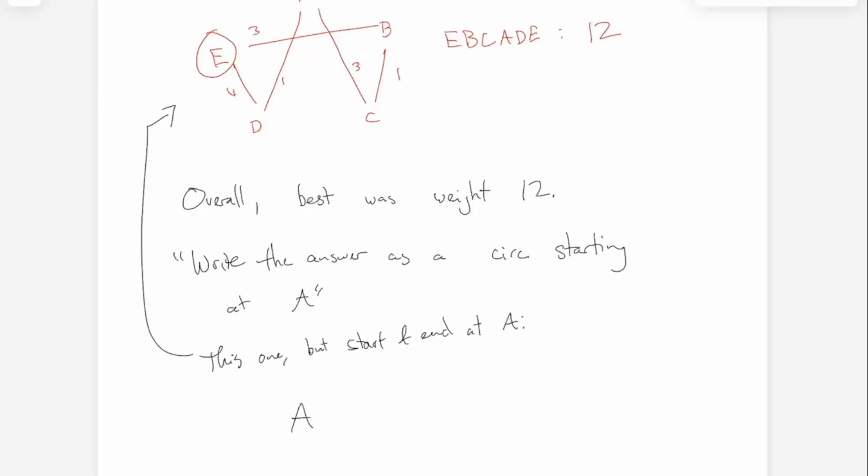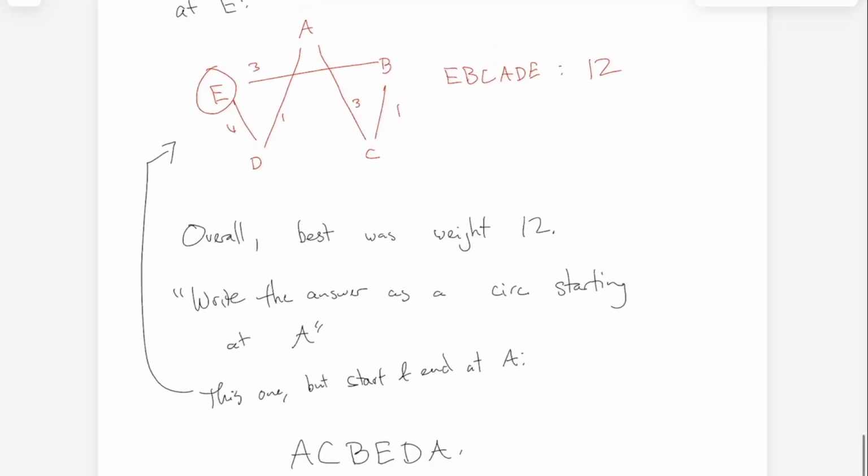They both have 12, so I will go down to C first. A, C, B, E, D, A. All right? If I say write the answer as a circuit starting at A, it doesn't mean use the one that you got when you started at A, because that one actually was not the best one. It just means take your best one and redraw this path or rewrite this path as if you were starting at A, and then you go through the rest of it. All right.